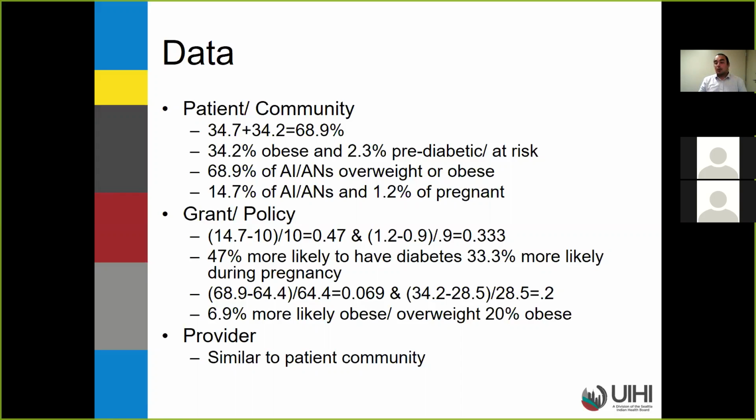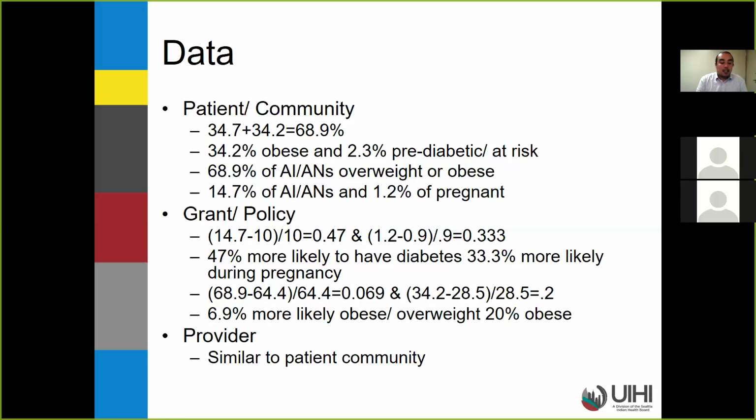So from this data, what we're able to show is not only are AIANs more likely to be obese or diabetic across the spectrum, but particularly with such a severe increased likelihood of being obese, it's very divergent as far as their overall likelihood of being worse off.